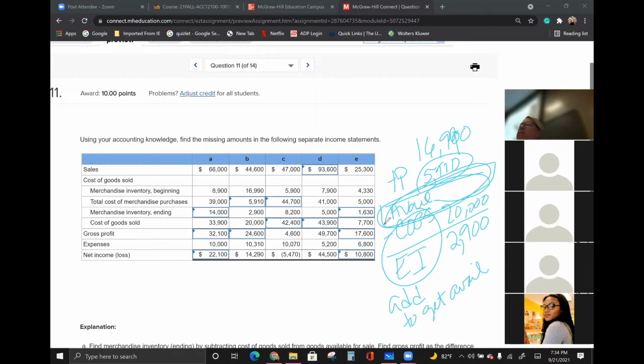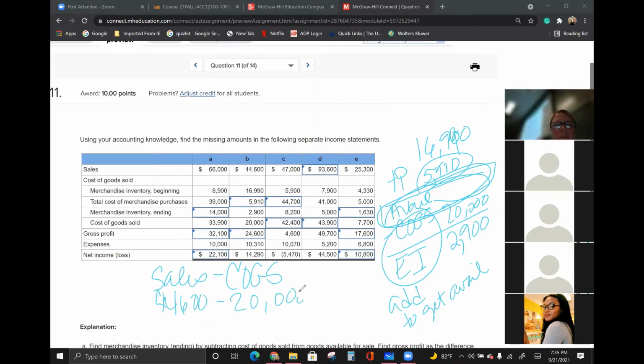Okay, so we want to find gross profit. Gross profit is what? Net sales minus cost of goods sold. Correct. So we have the 44.6 minus the cost of goods. And that gives me my gross profit.